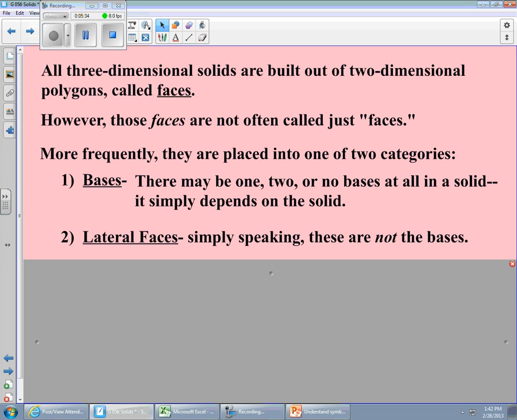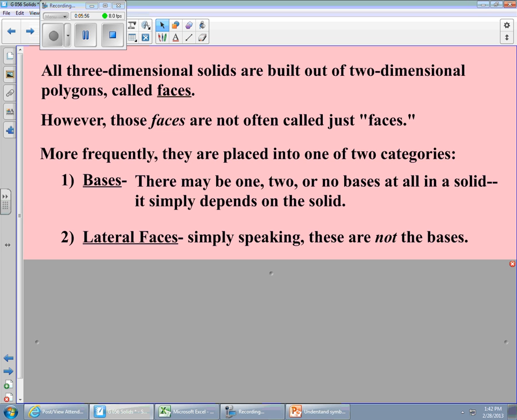It's going to bring us a lot of information, and in fact, the formulas that we're going to end up working with on surface area and volume are going to refer specifically to the bases. So if we don't get the bases identified correctly, that's going to cause us to plug bad information into the formulas, which of course will bring us a bad answer.